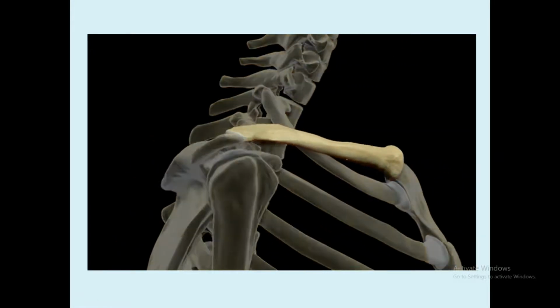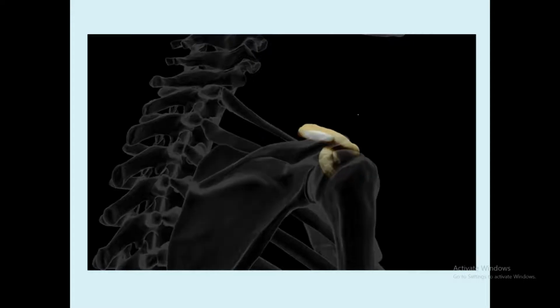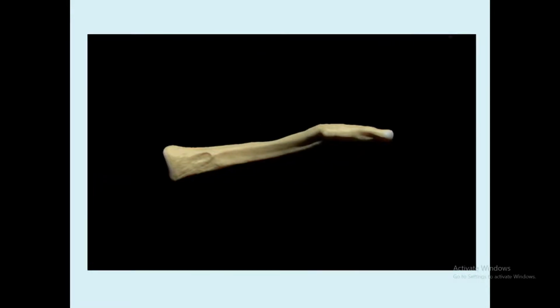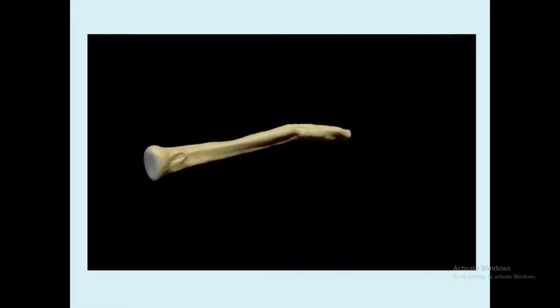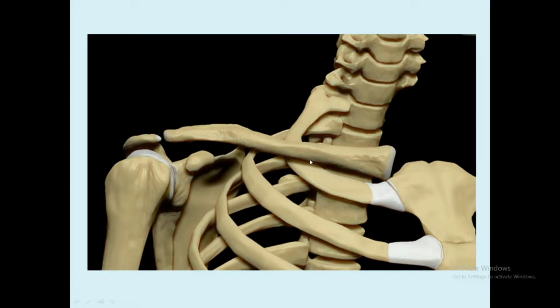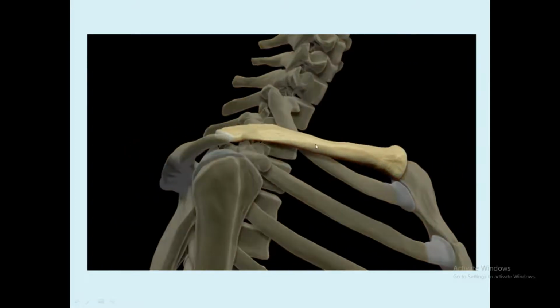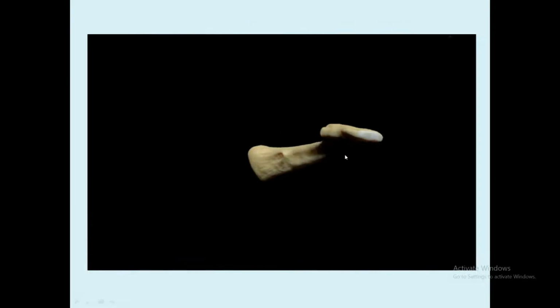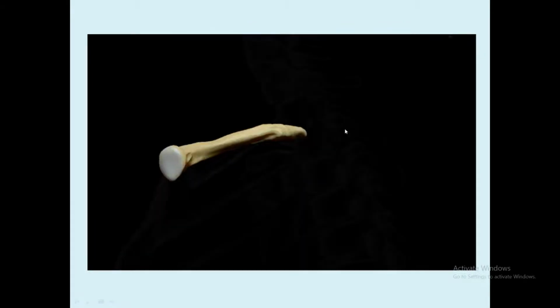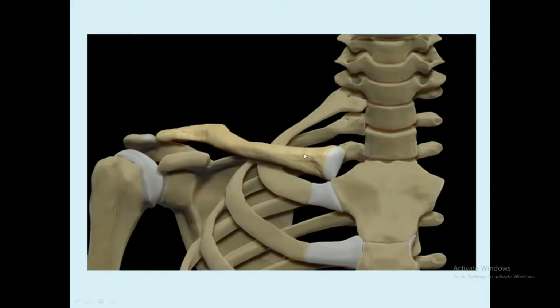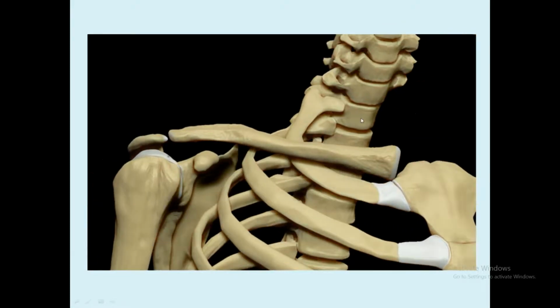So in the picture you can see that the clavicle bone has a curved part that is called as the shaft. So this is the curved part called the shaft. In its two ends, that is the lateral and the medial end. So lateral end என்றது it is away from the medial plane and medial end என்றது towards the median plane.